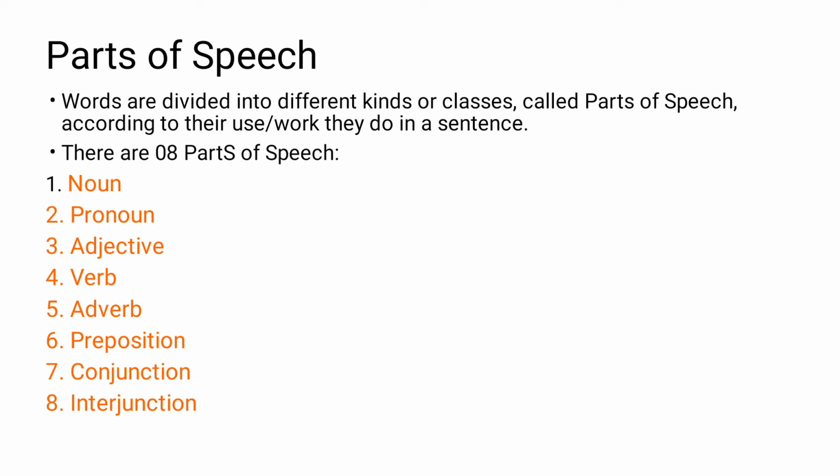So, I repeat, words are divided into different kinds or classes, and these are called parts of speech only on the basis of their use or work in a given sentence.